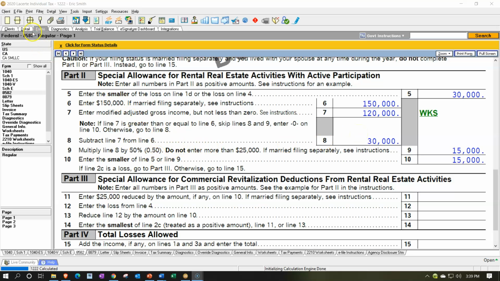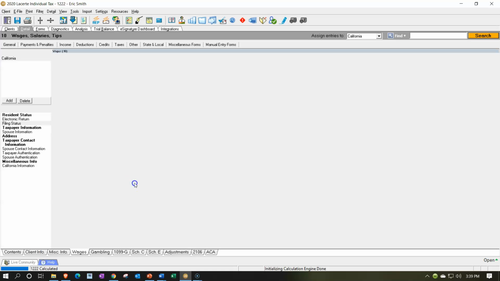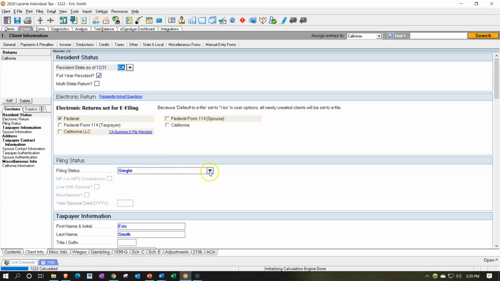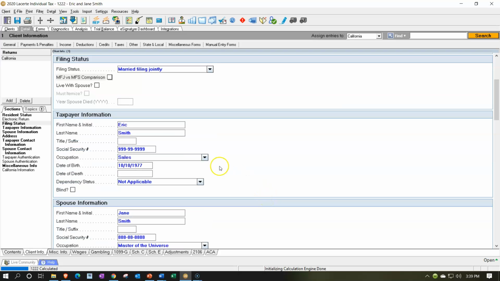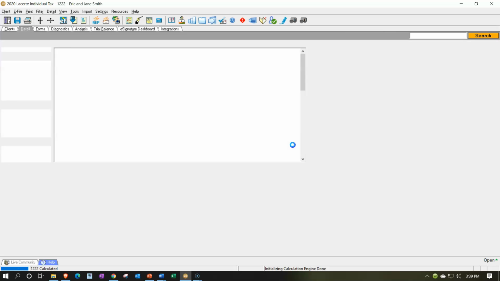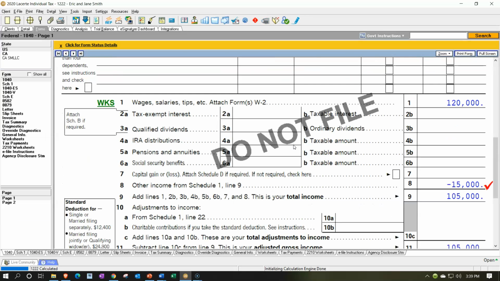Now you would think, what if they were married here? Would that have any adjustment on it? Let's just check that out. If we go, okay, well, what if I say they're married? They go from single to married. So Eric got married again to Jane. And then if I go back on over, now they're a joint filer and they're still at the 15. So it didn't affect the phase out.